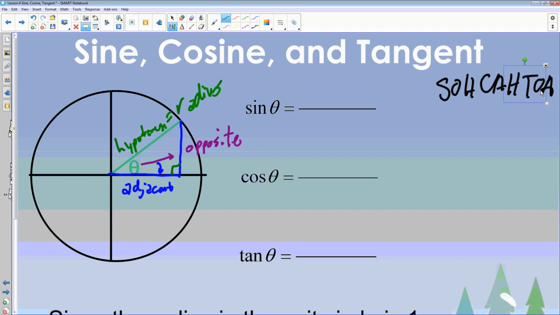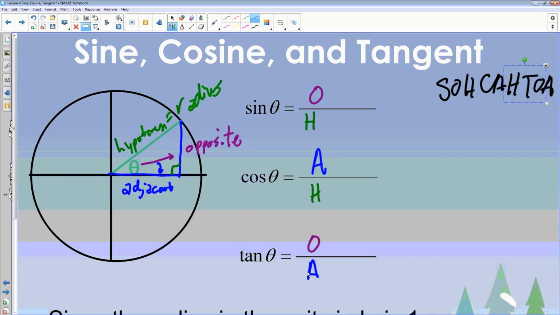So sine is your opposite over your hypotenuse. Cosine is your adjacent over your hypotenuse. And tangent, TOA, is your opposite over your adjacent.